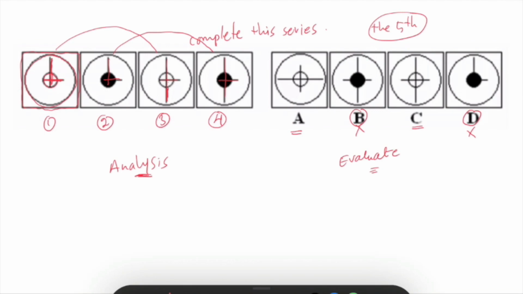In choice A, we can see that the pattern is rotated to the right, or it may have rotated to the left, making the long line horizontal and the short line vertical.